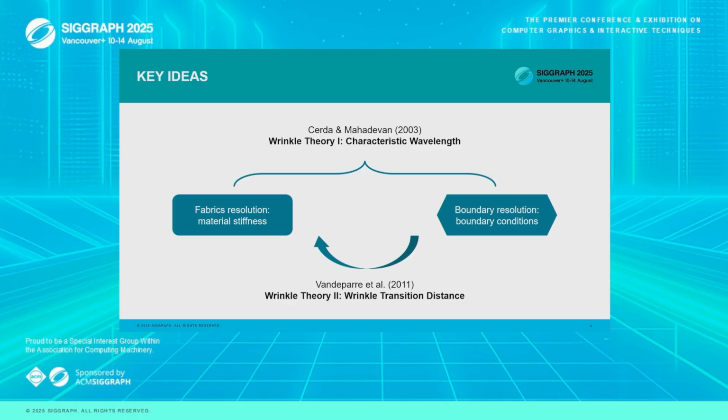Since wrinkle patterns may vary across the fabric and do so anisotropically, using a uniform mesh resolution is inefficient. Our second key idea is to apply the concept of wrinkle transition distance from experiments, which helps us smoothly transition between regions with different resolutions.